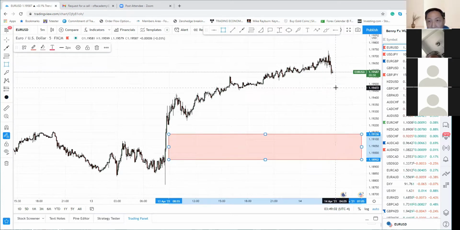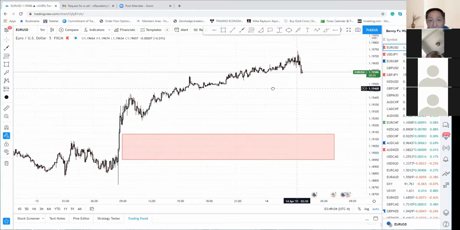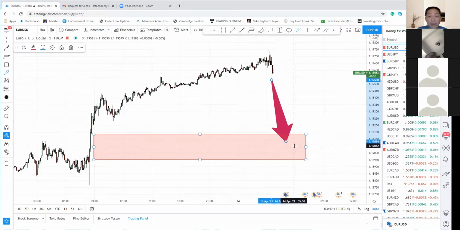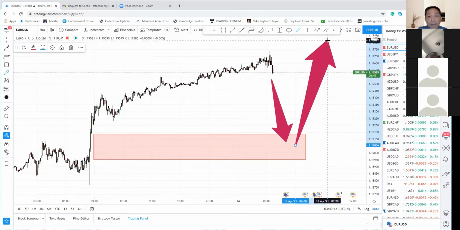Or, if I want to trade with the trend, I can always wait for price to drop here, and then look for a long here to go up, right?